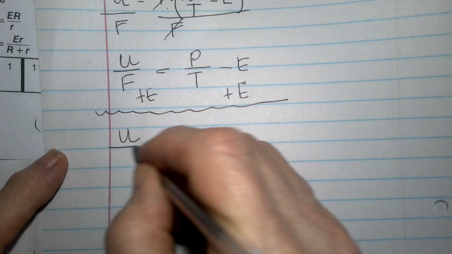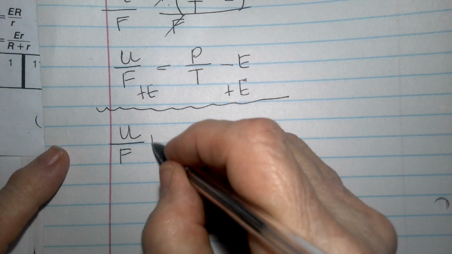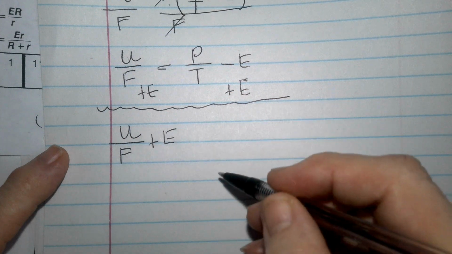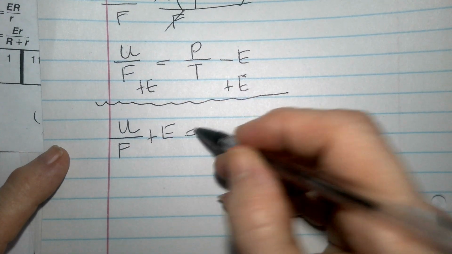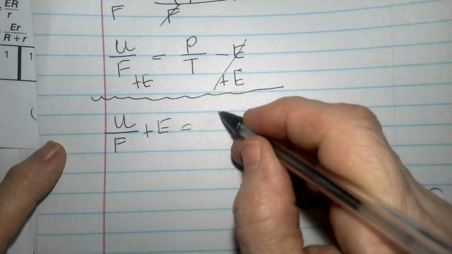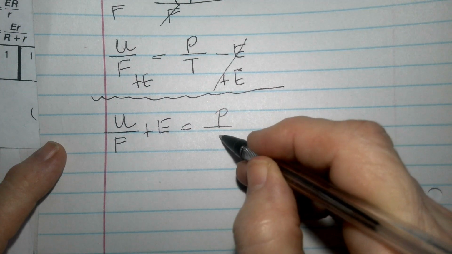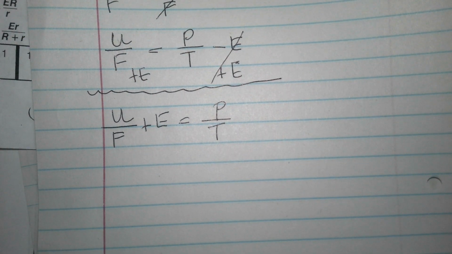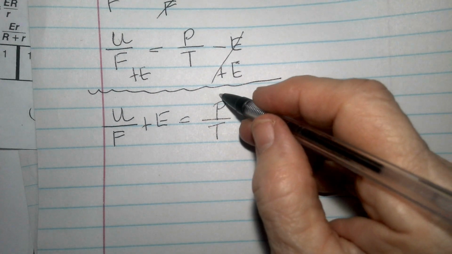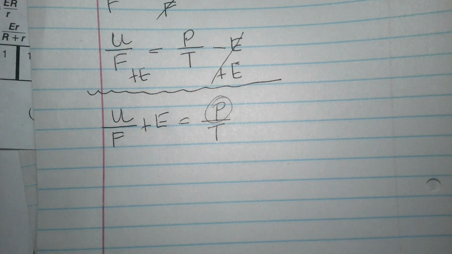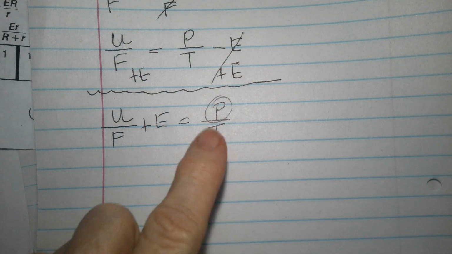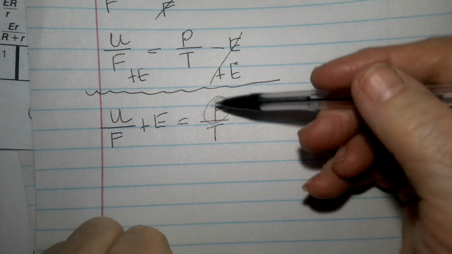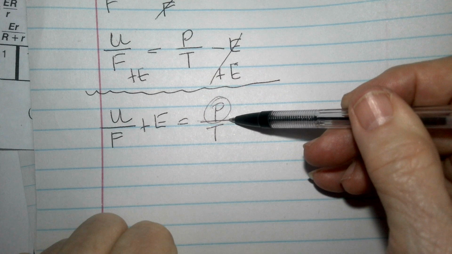So UF plus E is equal to, that cancels out, is PT. So we want this by itself. So obviously I have to get rid of the T. But this T is being divided.